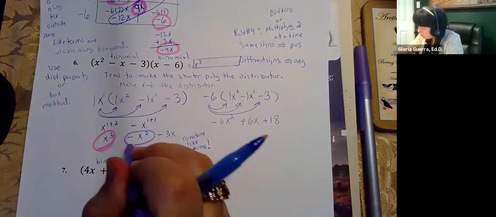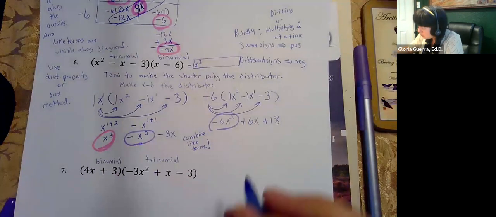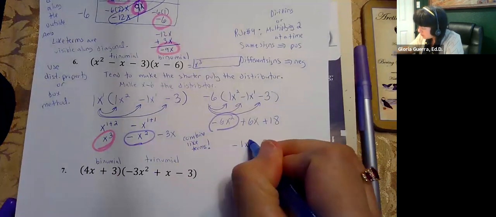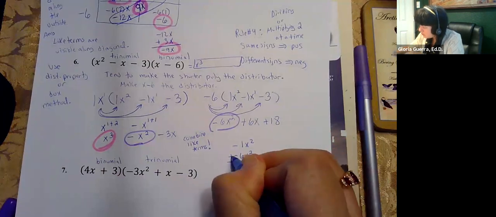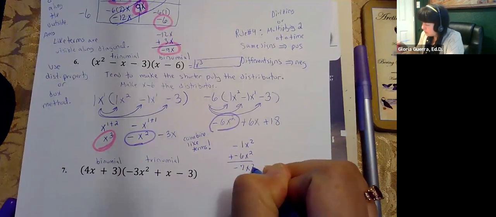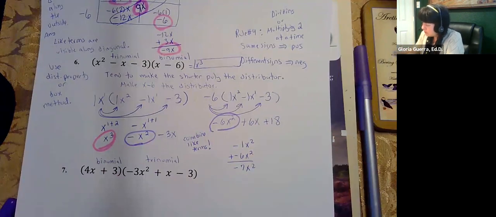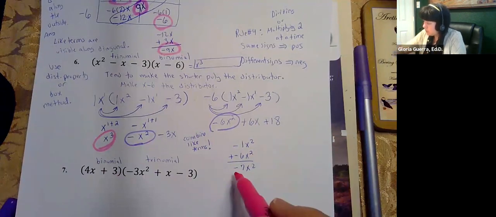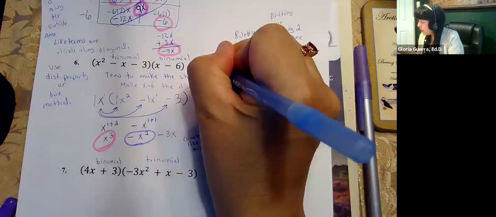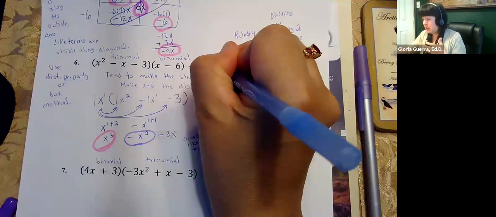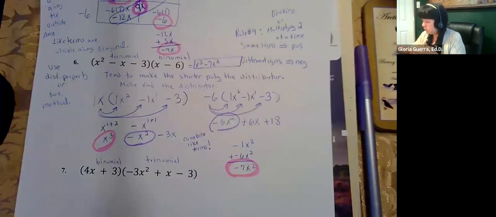If I do a little scratch work here, negative 1x squared plus negative 6x squared is a negative 7x squared. So that is another part of your answer here. After it descends down, x cubed, x squared, now x to the first power.